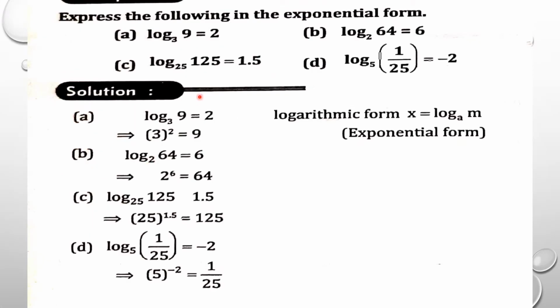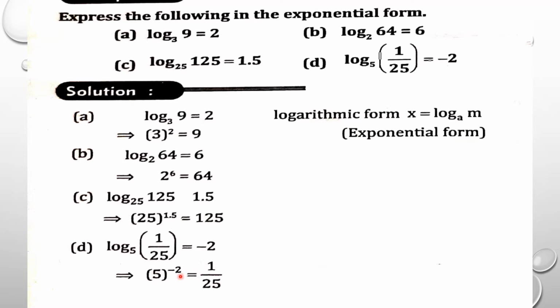Here are some logarithmic forms which have to be converted into exponential form. Here you have log base 3 of 9 is equal to 2. Converting this to exponential form is very easy. Here you have base 3, so 3 square is equal to 9. Once again, 2 to the power 6 is equal to 64, and 25 to the power 1.5 will become 125. Once again, be careful: 5 to the power minus 2 is equal to 1 divided by 25.